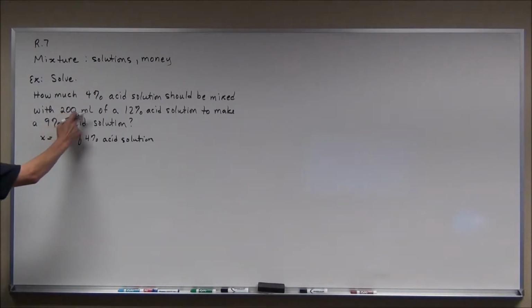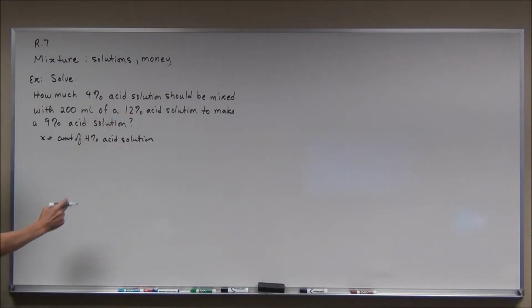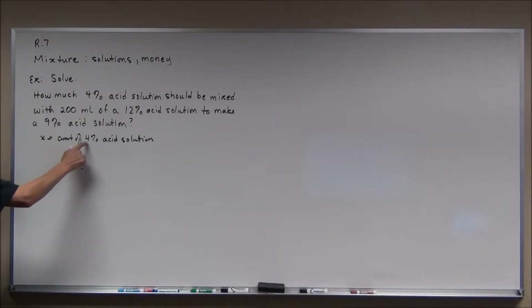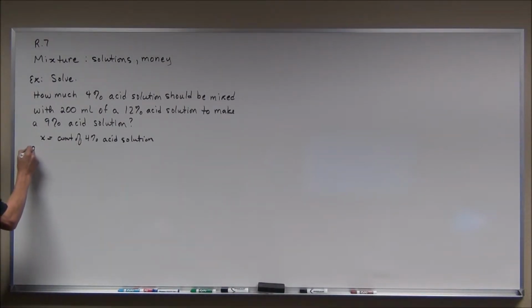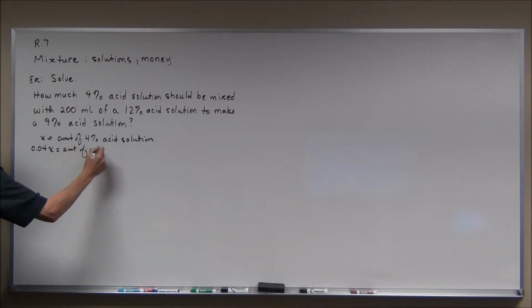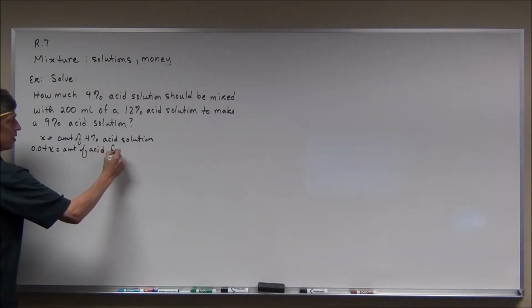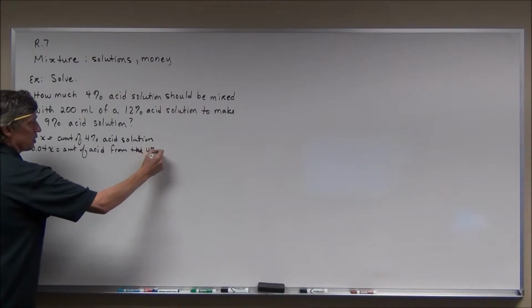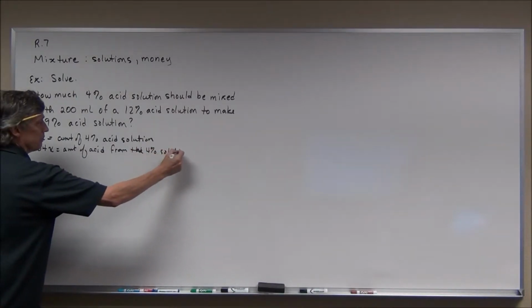I also have 200 milliliters of 12% acid solution. Now how much pure acid is this stuff? Well, if I have this many milliliters and 4% of it, that would be 0.04 times x, the amount of acid from the 4% solution.